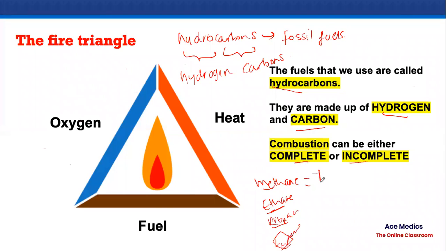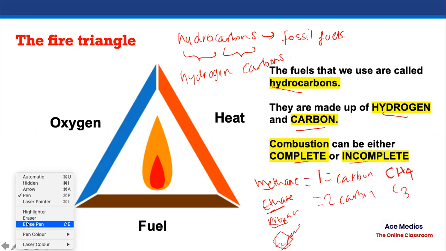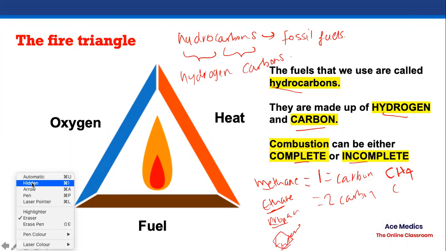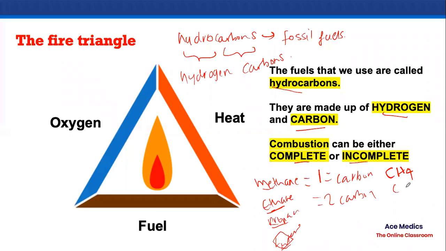So methane has 1 carbon atom, okay, and has the formula CH4. Ethane will have 2 carbon atoms, and will have C2, okay?